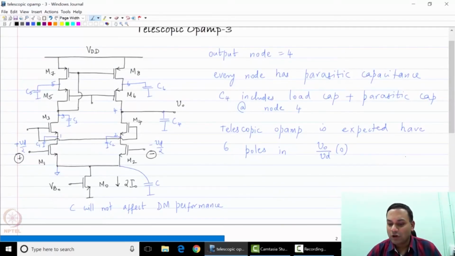If you look at the telescopic op-amp, you will find that many of these things are definitely possible even in the telescopic op-amp. The first thing, we have identified that there are 6 poles in the transfer function. Let us find out if there are zeros.